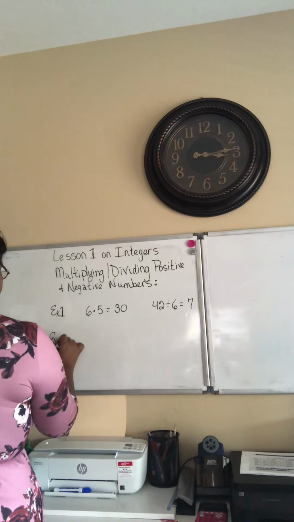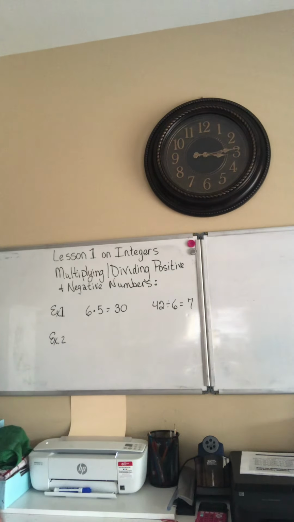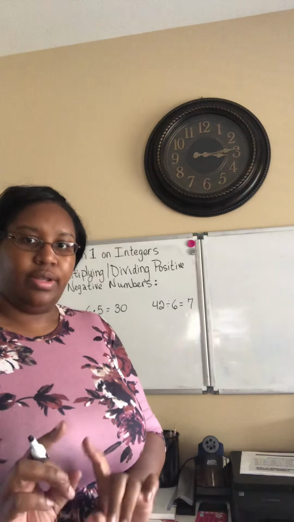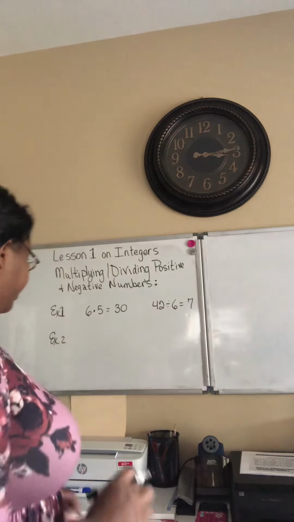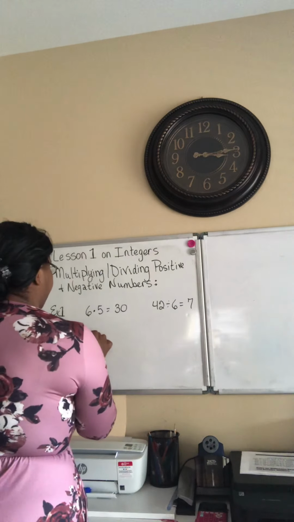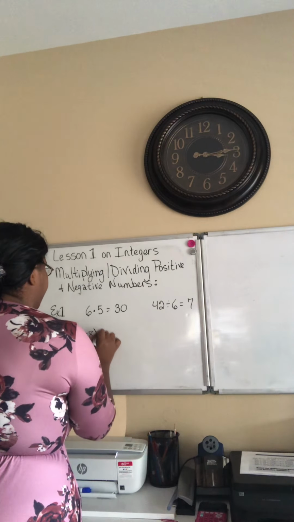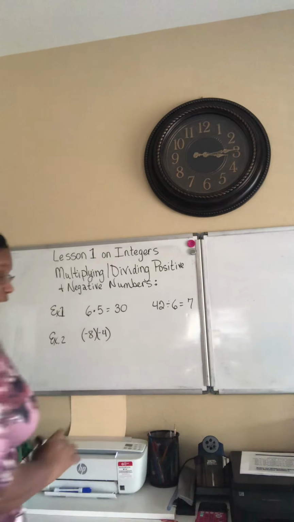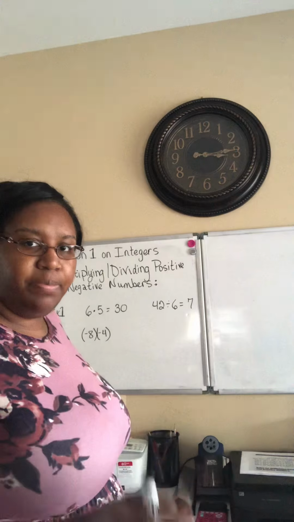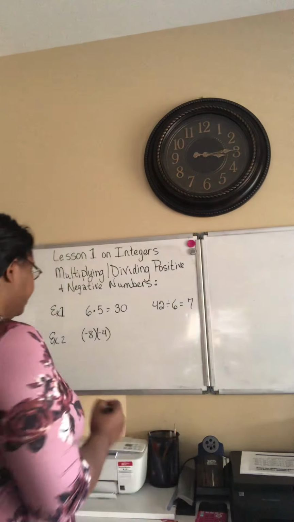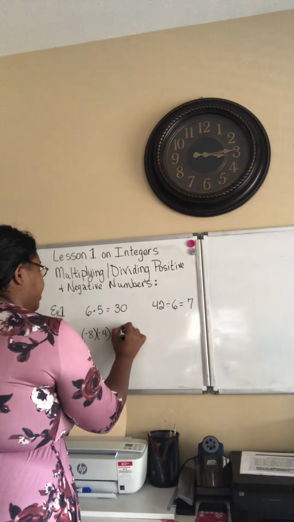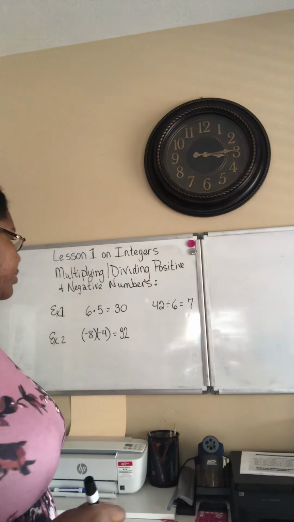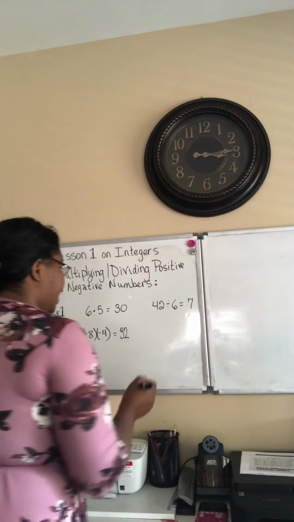Here's example 2. If I am multiplying or dividing two negative numbers, okay? So let's say I have a negative 8 times a negative 4. My answer is going to be positive. So I have a positive 32. Okay? Now, let's say I was dividing two negative numbers.